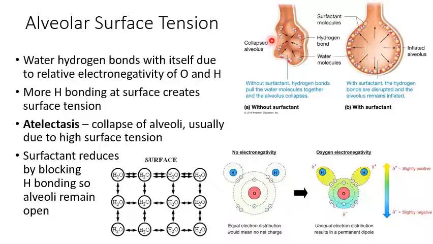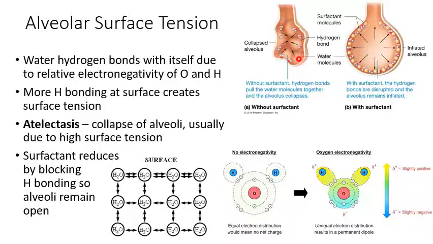So if you get too much hydrogen bonding between these water molecules on the surface, if you get too much surface tension, it's going to pull the whole thing inwards, and it's going to collapse the alveolus. If that happens, that's called atelectasis. So that's different from a collapsed lung. It's not the whole lung that's collapsed, it's just the alveoli, or maybe not even all of them, but some of them.